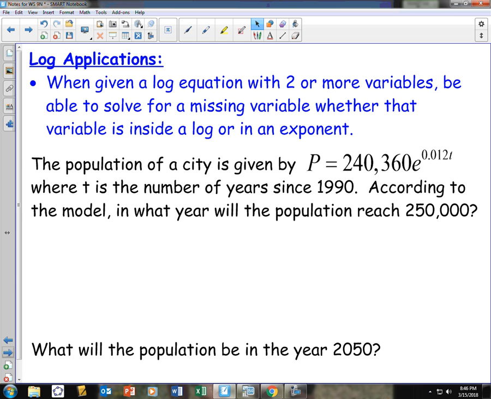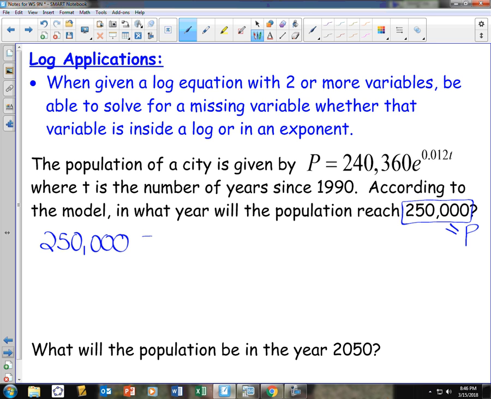Okay, so this seems to me like that is the value for P. So when I set up this equation, it's going to be 250,000 will equal 240,360 e to the power of 0.012t.